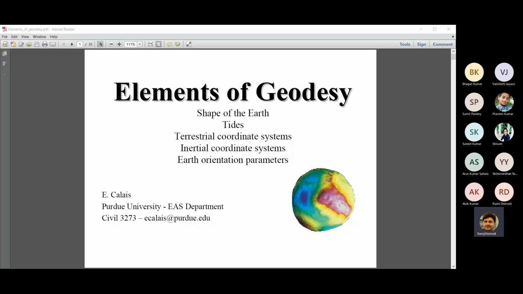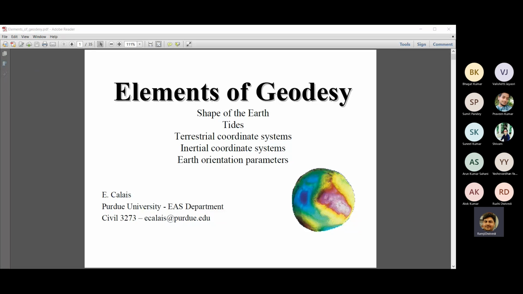This geodesy domain is very emerging, in the sense that very few people have started working in it in India. Only a handful of people are working in it, and there is a lot of funding and a lot of opportunities available.